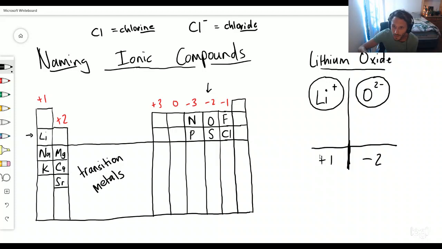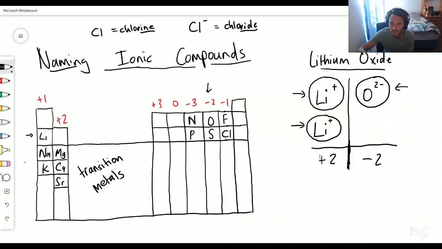So how would I balance these sides? I would need to get another +1 on this side. So what I can do is add an ion of lithium, and this will give me +2 on the left hand side. This will now be +2 because of these 2 atoms of lithium, and on the right hand side we've got 1 atom of oxygen with a 2-.